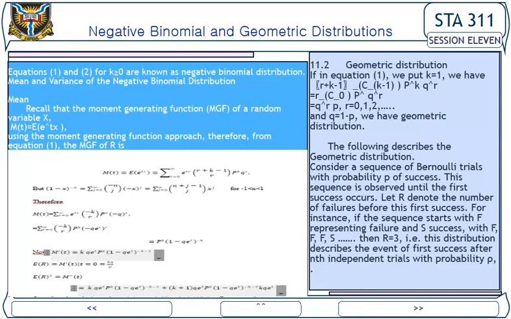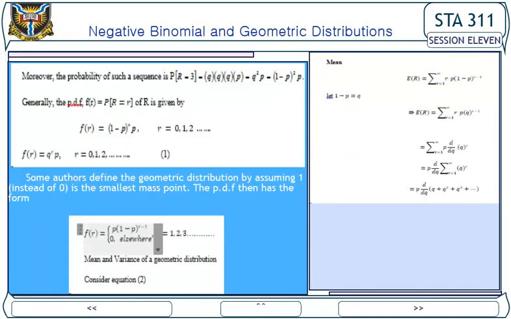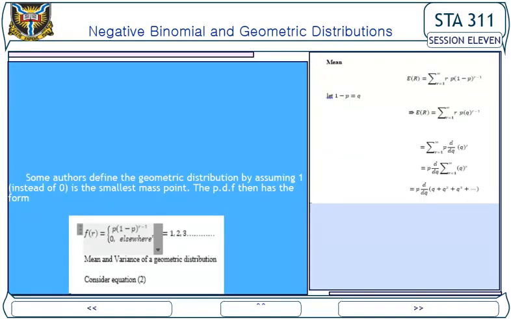Let R denote the number of failures before the first success. For instance, if the sequence starts with F representing failure and S success, with F, F, F, S, then R is equal to 3. That is, this distribution describes the event of first success after R independent trials with probability rho, 0 less than rho less than 1. Moreover, the probability of such a sequence, P of R equal to 3, is equal to.